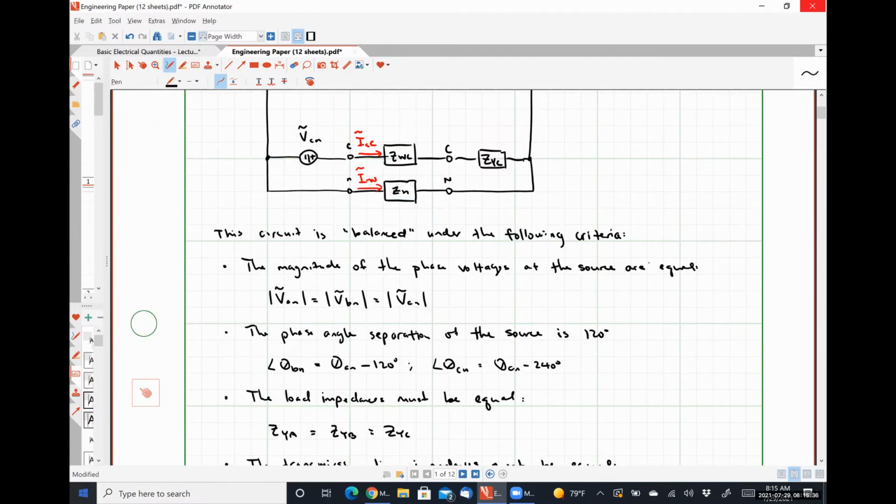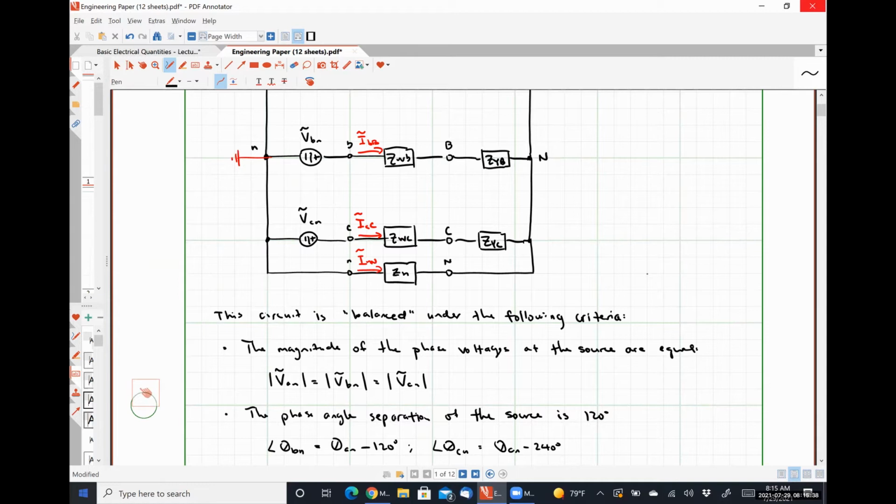So if I look at this guy using the same simple nomenclature, I would have the voltage at node lowercase n with respect to ground, which is just 0, minus V capital N lowercase n, right?